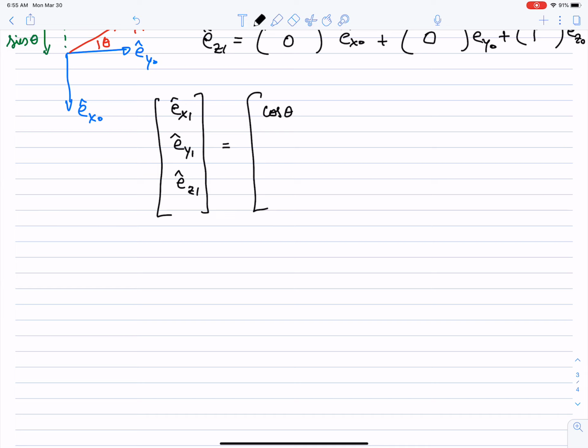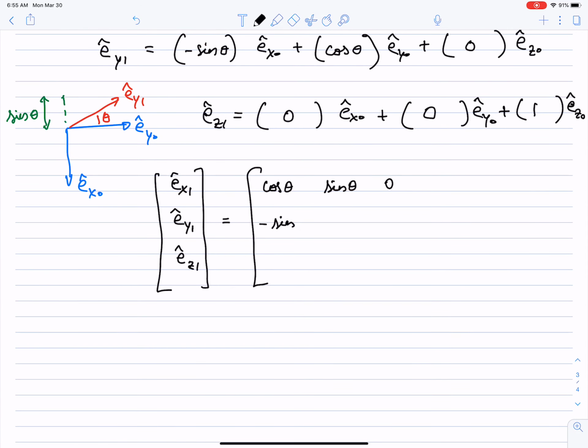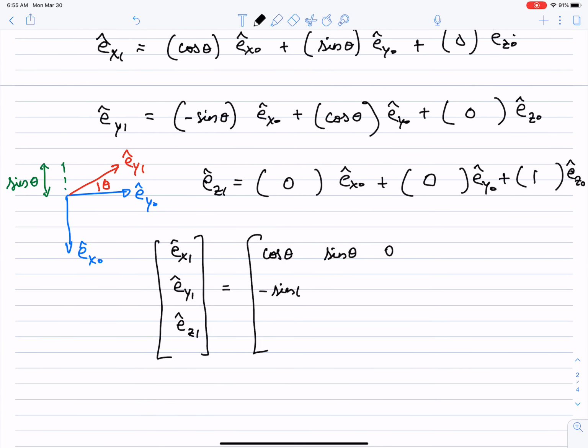So it's cos theta, sine theta, 0, minus sine theta, cos theta, 0, 0, 0, 1, times EX0, EY0, EZ0.